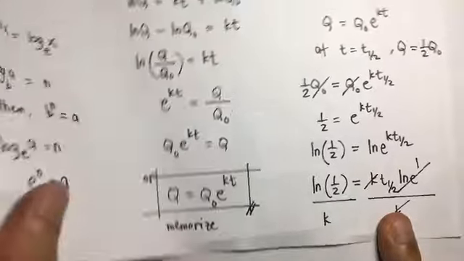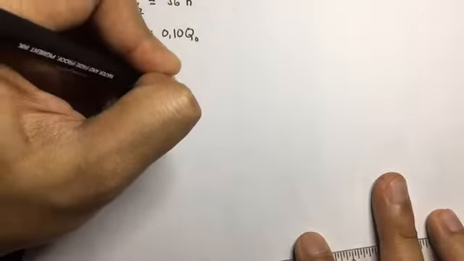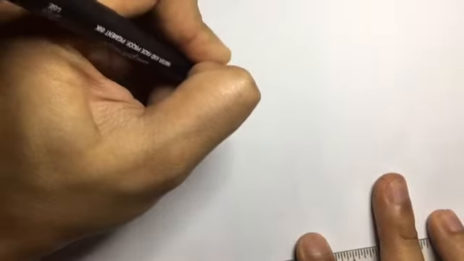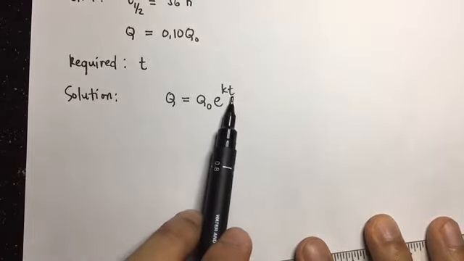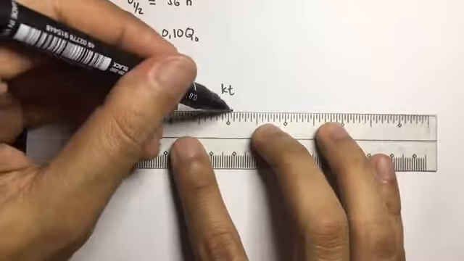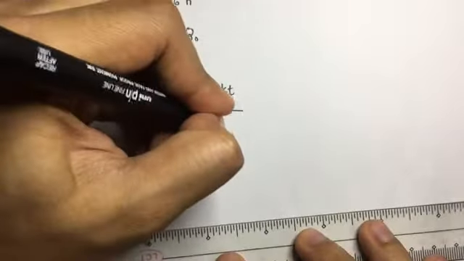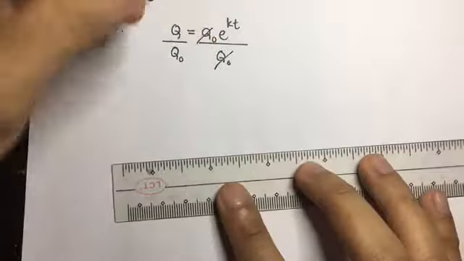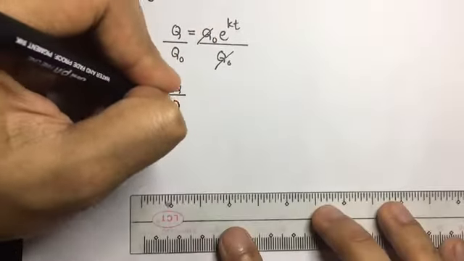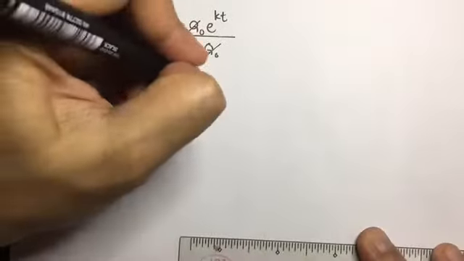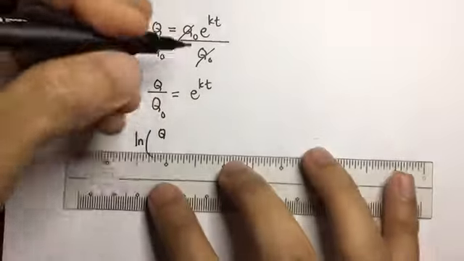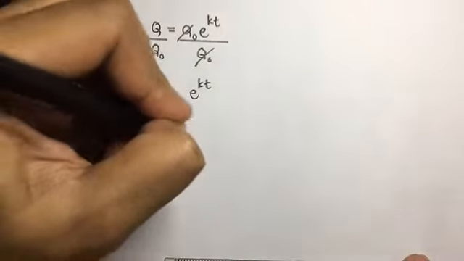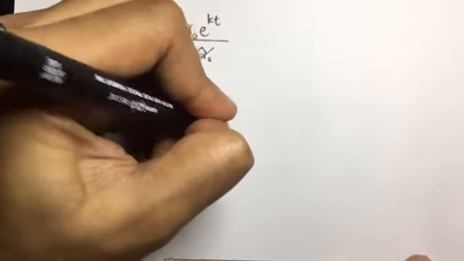From the formula that we derived earlier, Q is equal to Q0 e raised to kt. We are looking for the time, so we can divide both sides by Q0 to return it to the logarithmic form. Therefore, Q over Q0 is equal to e raised to kt. Taking the logarithm of both sides, ln of Q over Q0 is equal to ln of e raised to kt.